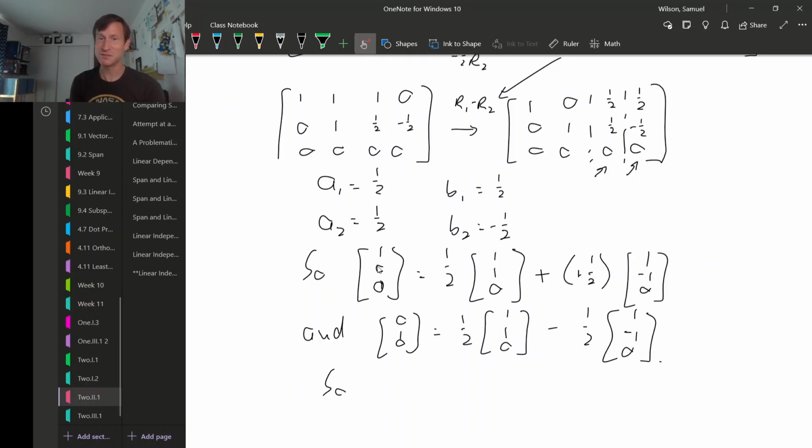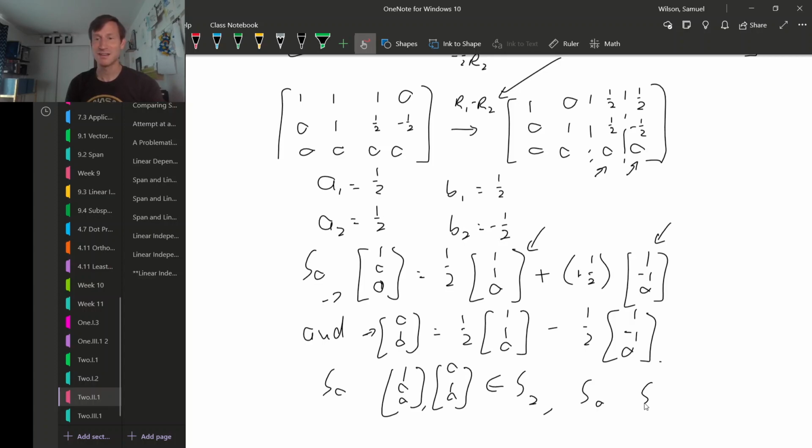So we've displayed each of these vectors as linear combinations of these vectors. That means that 1, 0, 0 and 0, 1, 0 are both in our second span, and that means that the entire first span is in the second span.